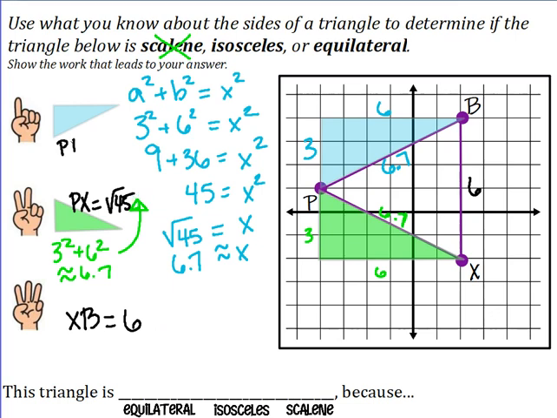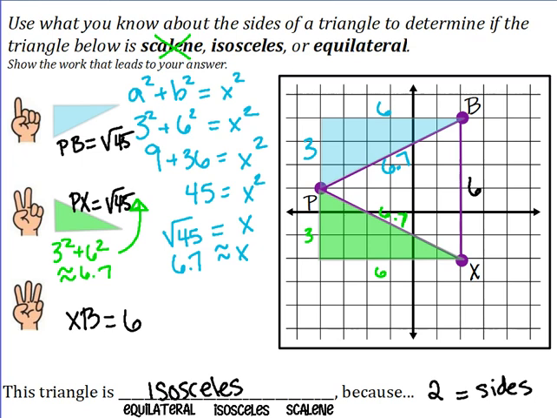Line PB is the exact same, root 45. So I can tell you that this triangle is definitely isosceles because it has two equal sides. This is how we use the Pythagorean theorem to determine what type of triangle it is.